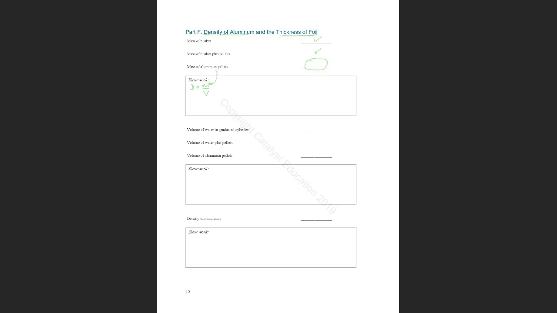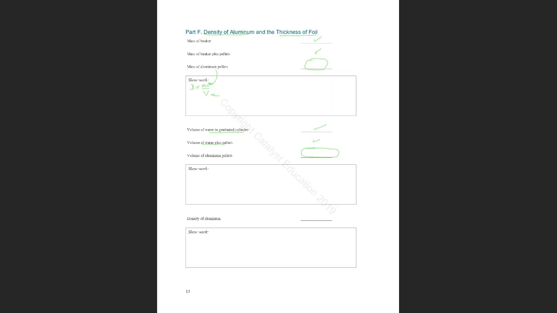And then the volume, how do we calculate the volume of the pellets? The same way as we saw, by difference. They will give you the volume of the water in the graduated cylinder and the volume of the water plus the pellets, and by difference, we are going to calculate the volume of the pellets.